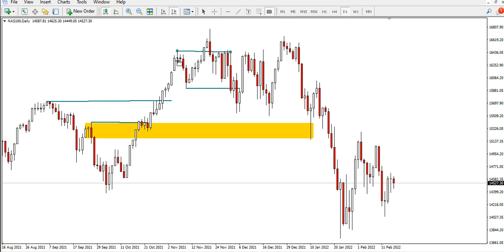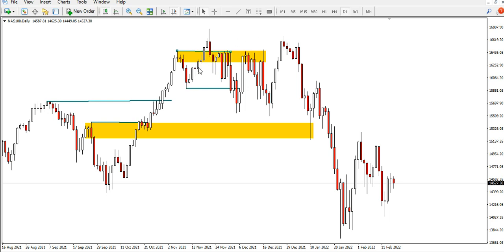Then we have to mark that last up candle, and when you add our rectangle now, as you can see, this is what we call the change of character. This is the same thing I've been explaining: if your structure is broken in one direction, check if price will break the second structure in the opposite direction.